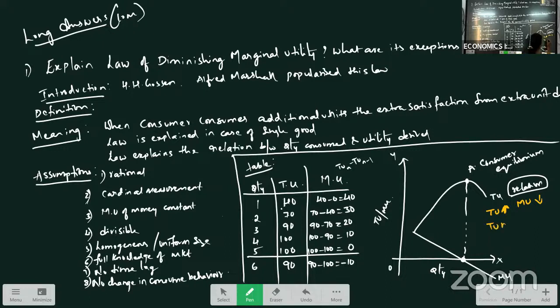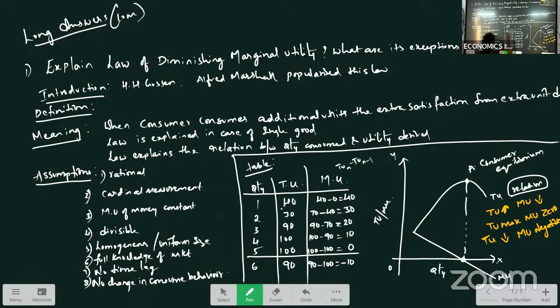When TU is maximum, MU is 0. And when TU decreases, MU becomes negative. When our total utility is decreasing, marginal utility becomes negative. So this way, we have explained our law of diminishing marginal utility.